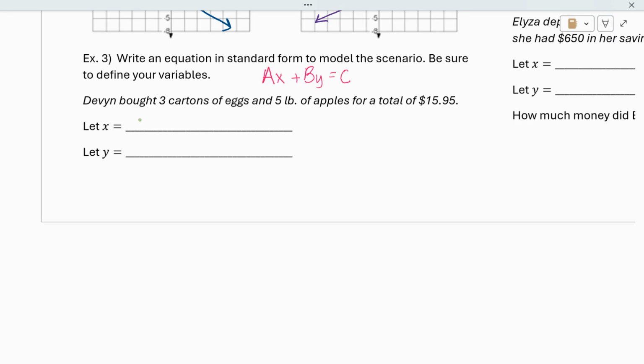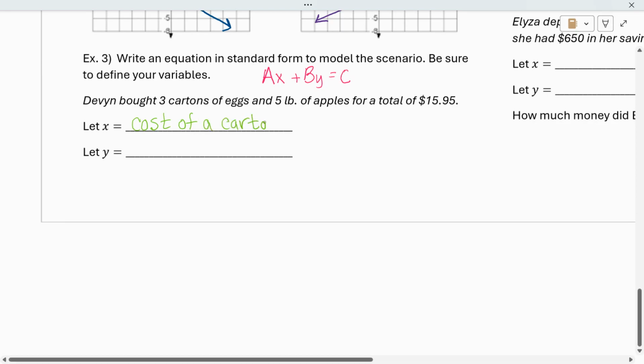So I'm going to let X equal the cost of a carton of eggs. It's not the number of eggs because I already know I'm buying 3 cartons. And then I'm going to let Y equal the what?